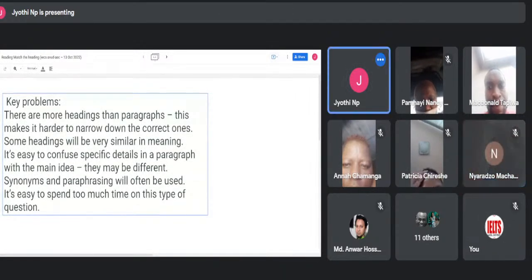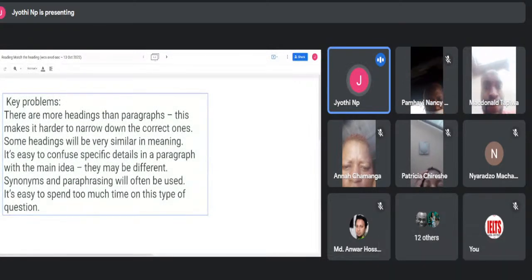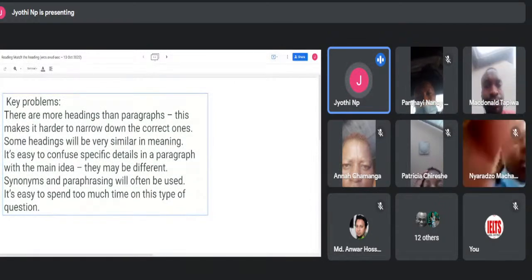Okay. So here, now basically we do face problems. One is the headings are more than the paragraphs. And this actually makes it difficult for us to narrow down to the correct ones. Then the second thing is where we have headings which are very similar in meaning.